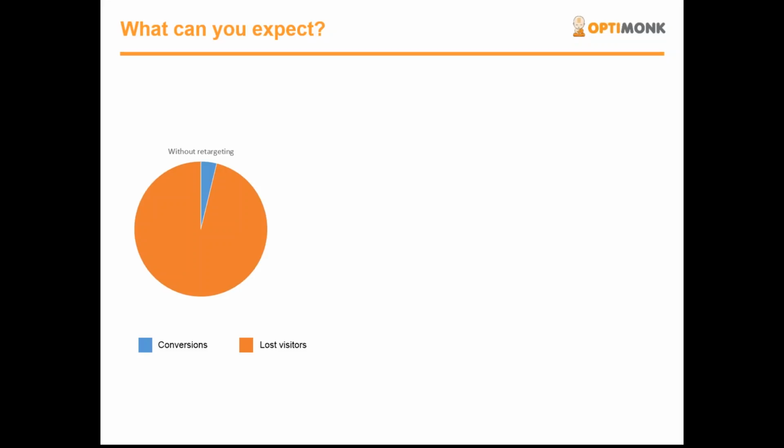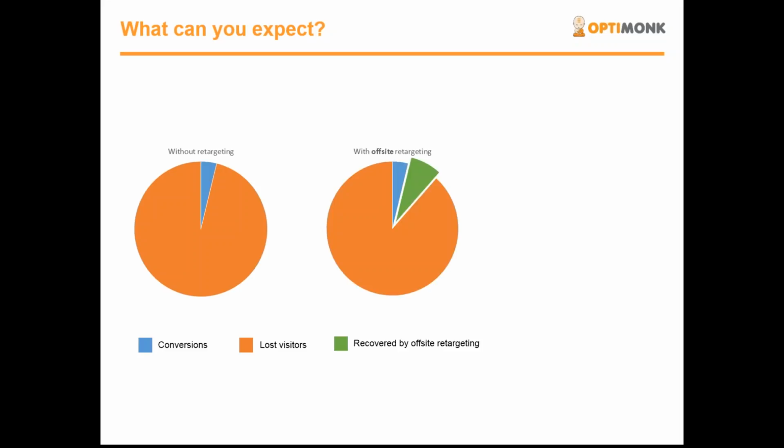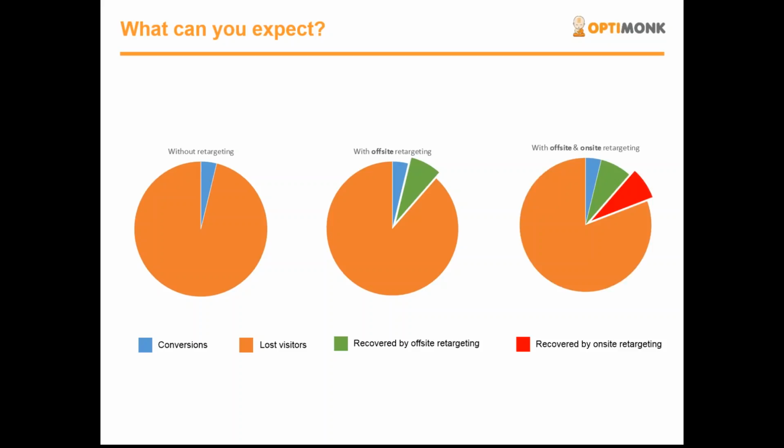So if you are not using any type of retargeting, not off-site and not on-site, you will lose like 90% of your visitors if you are an e-commerce site. With off-site retargeting, with Facebook ads and Google ads, you can recover another 8–10%. But if you start using on-site retargeting additionally to off-site retargeting, you can get another 10–15%.